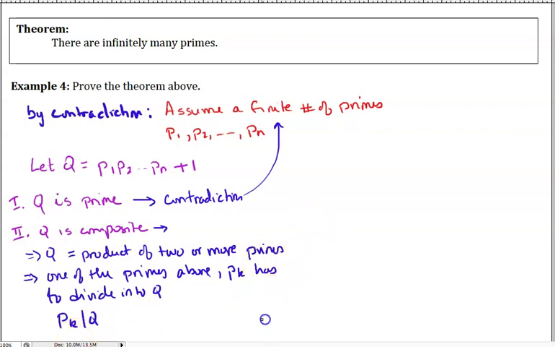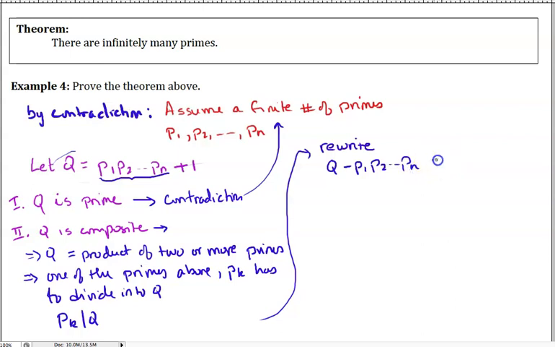All right, so let's go up here. Now let's rewrite this expression by subtracting this product from both sides. I'm going to rewrite this as Q minus P1, P2, through Pn equals 1. I just subtracted that term from both sides.